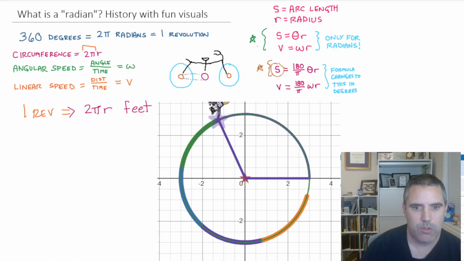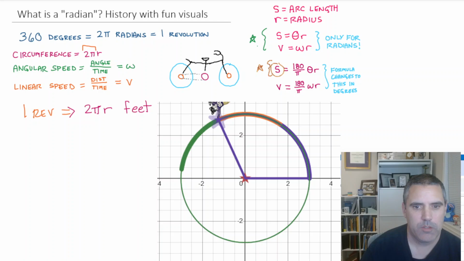Oops, I didn't mean to show all of them. Apologies. All best laid plans. Okay, so here we go. There was 1 radius. There was 2. So that length along the edge is the radius. Let's keep going. Let's go to 3 radiuses, which is going to be right there.